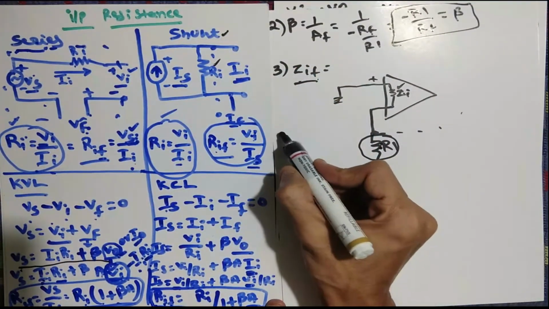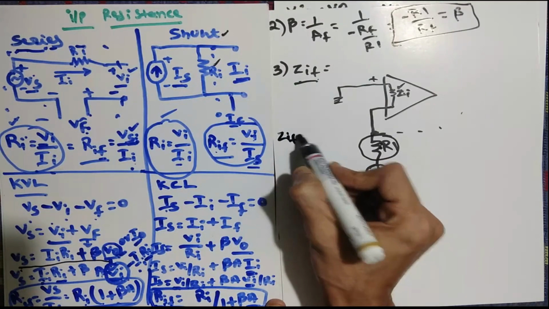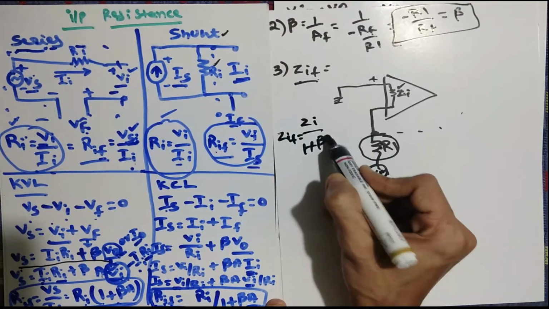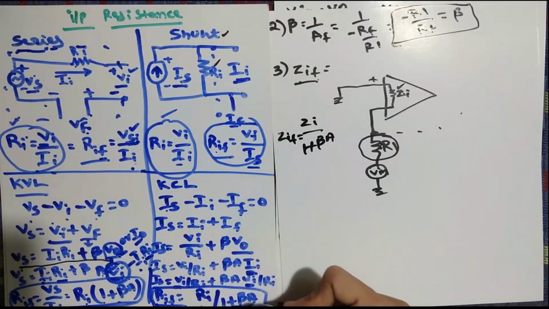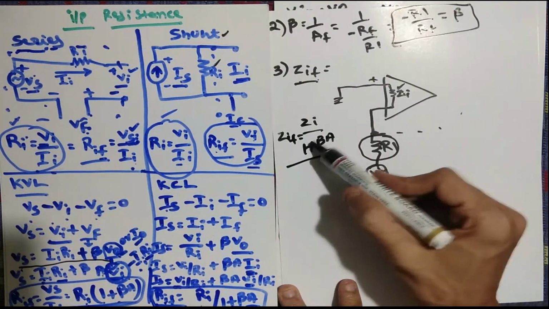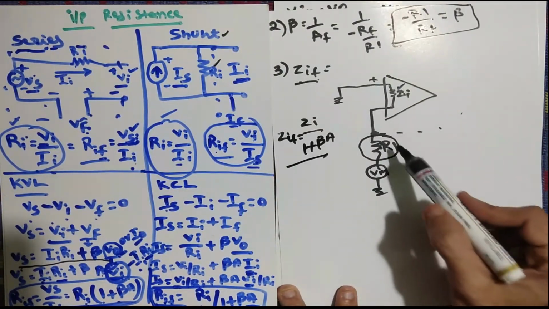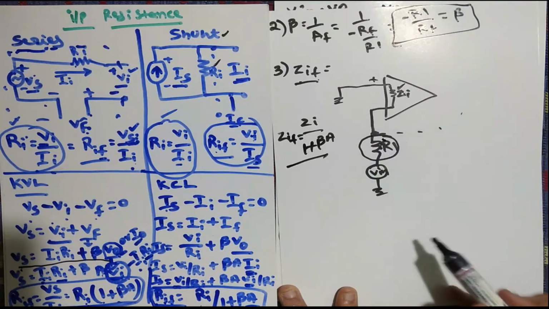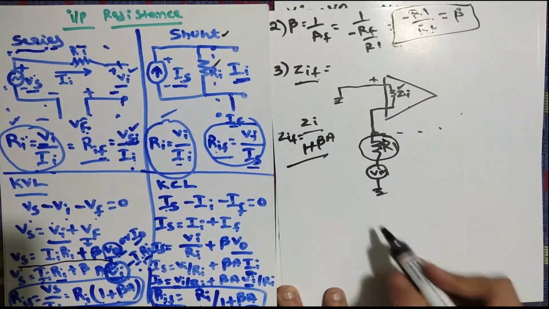So you will get ZIF equal to Zi divided by 1 plus beta A. I am not doing this derivation once again, do it yourself. So this is for one resistance Zi. We have one more resistance called R1, which is connected in series, so you can take R1 directly to here.